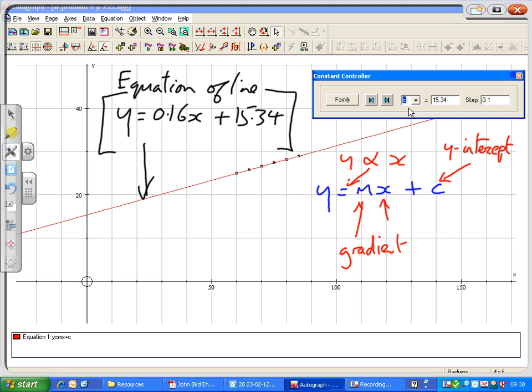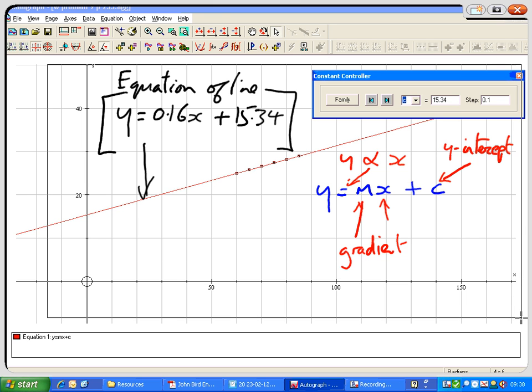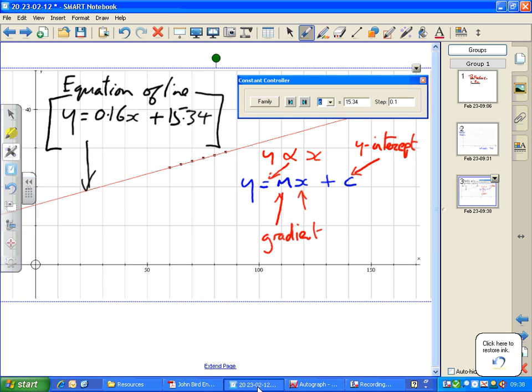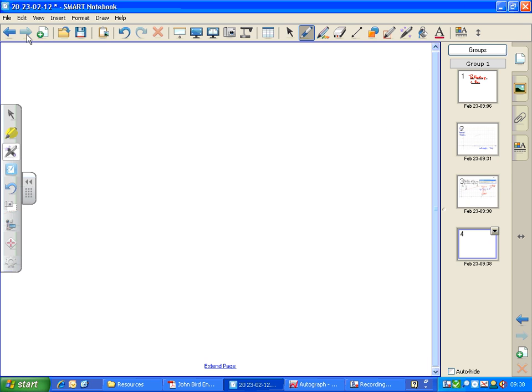Okay, so put this in our notes. So there's the line drawn out for us with the equation of the line drawn. We can use this now. So we've got y equals 0.16x plus 15.34 to find values.